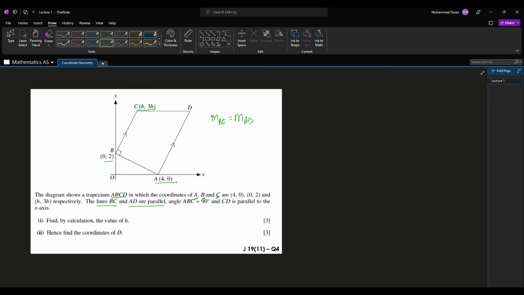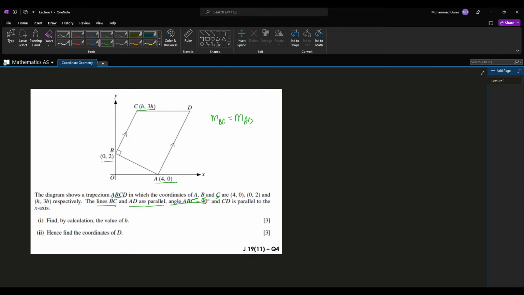And now it is saying that the angle ABC is 90. As we have learned before, two perpendicular lines always make an angle of 90. So, as there is an angle of 90 degrees between the line AB and the line CB, these two lines are perpendicular to each other.